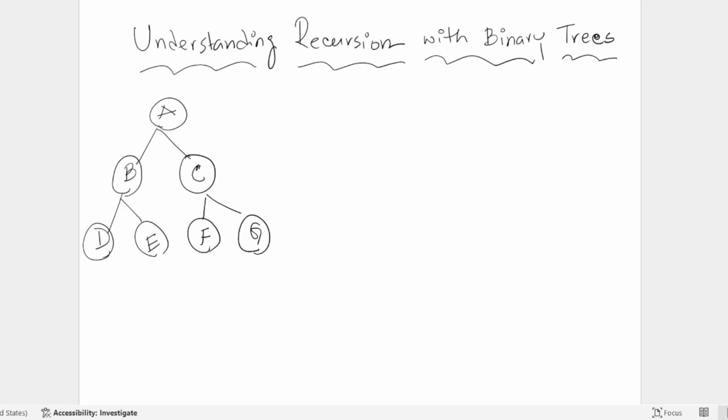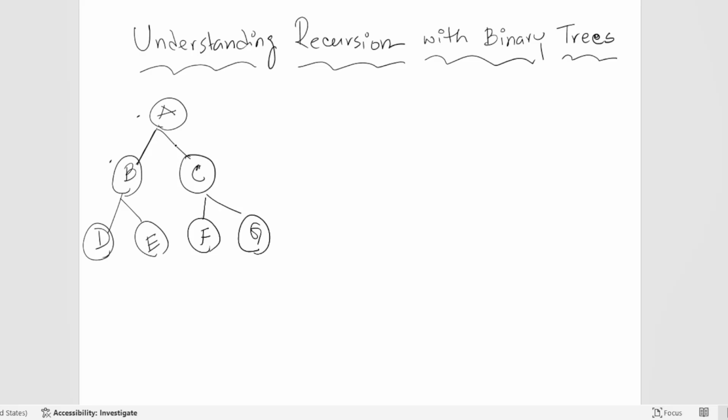So you are given a tree, and you're asked to paint each node of the tree. But the restriction is that to move from one node to another, you need to strictly use the edges. What I mean by this is, in order to move from A to B, I have to use this edge.